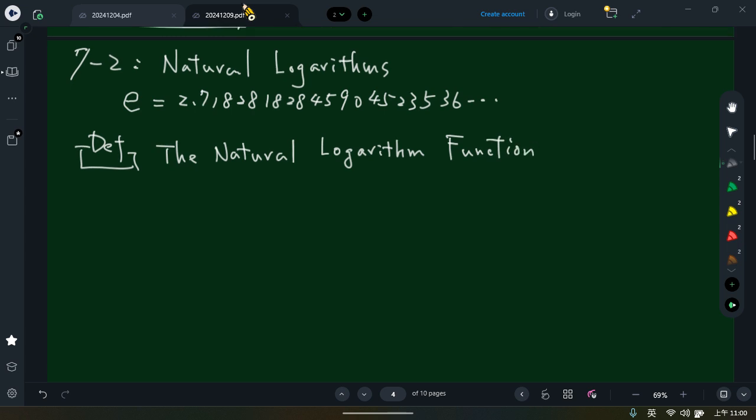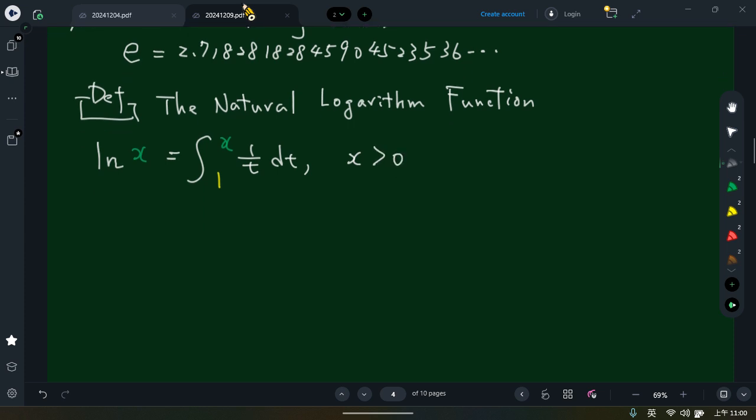The natural logarithm function is ln x as its input. ln is a function. It is defined as the integral from 1 to x of 1 over t dt. Then x should be positive.